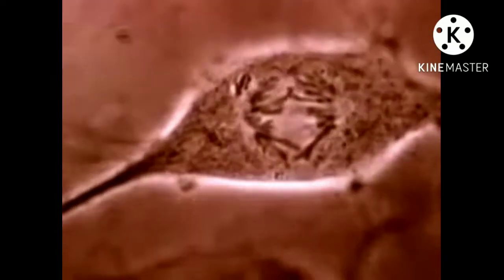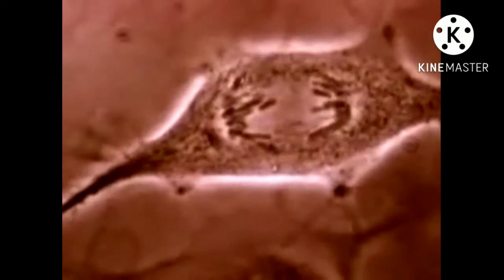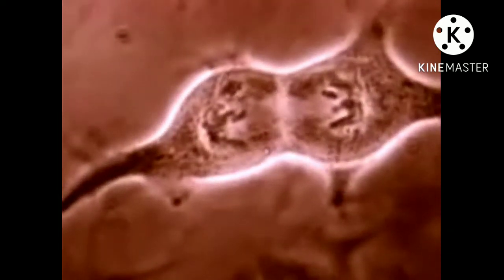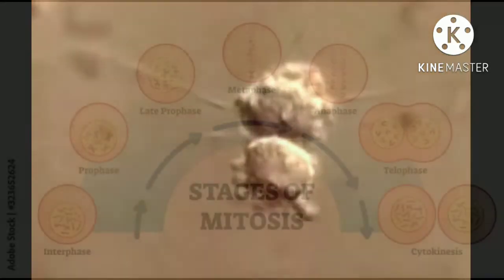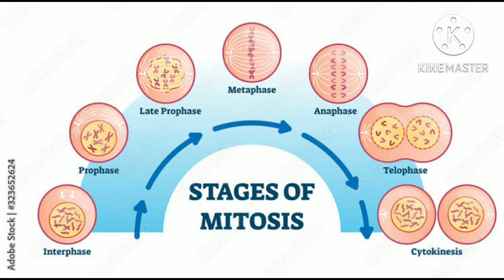On the other hand, when we say meiosis, it refers to the cell division wherein egg and sperm cells are the ones being created or produced. Let us first discuss the stages of mitosis, which is composed of 7 stages: the interphase, the prophase, the late prophase or the pro-metaphase, the metaphase, anaphase, the telophase, and lastly, the cytokinesis.